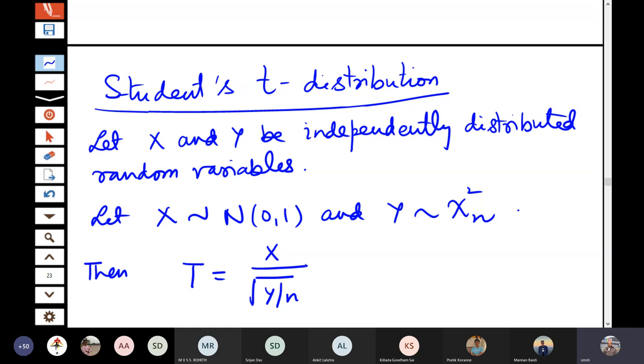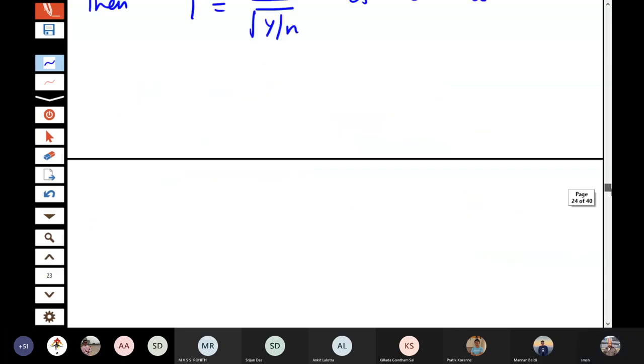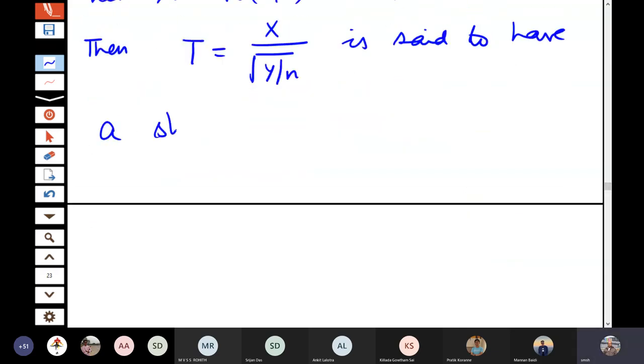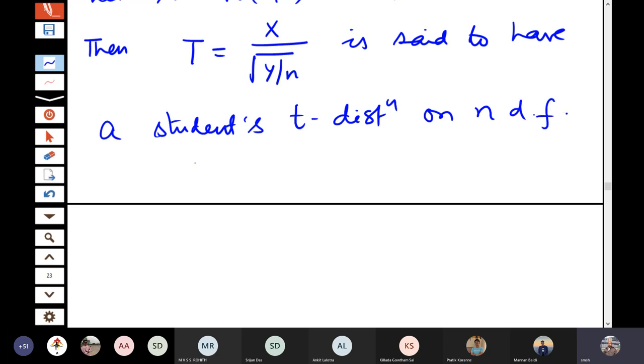Okay, so let us look at the definition. I am having two independent random variables. One is a standard normal and second is a chi-square. Then if I take the ratio of x divided by square root of y by n, then this is said to have a student's t distribution on n degrees of freedom. We write t follows t on n degrees of freedom.